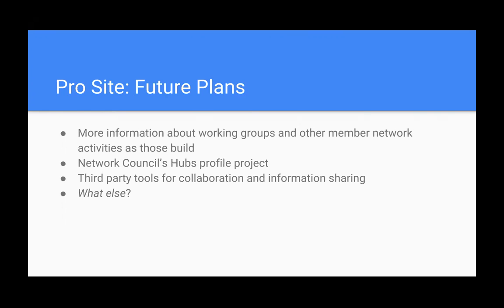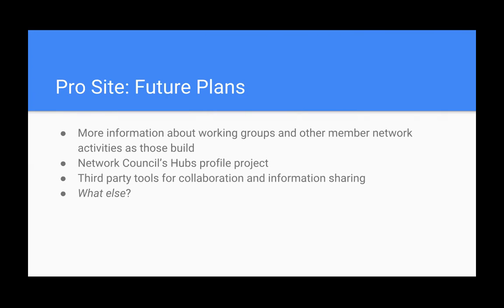But the idea is that it would eventually be available through maybe a wiki that is connected to the Pro site. And I saw a question in the chat about password protected content.